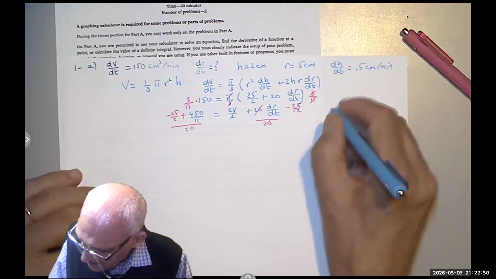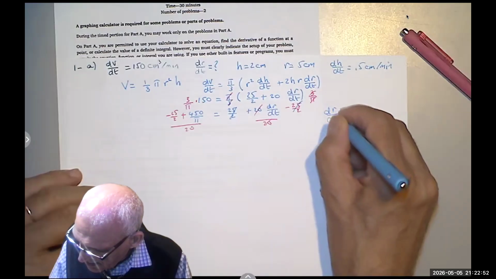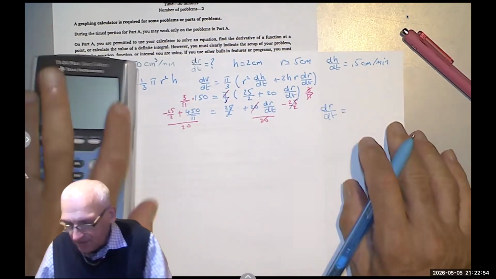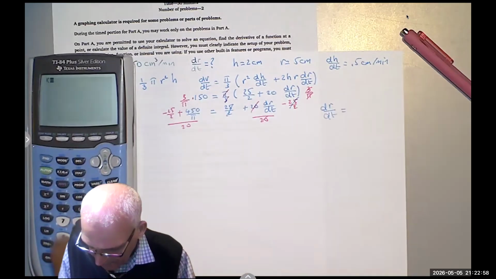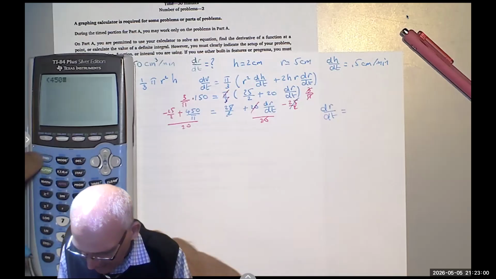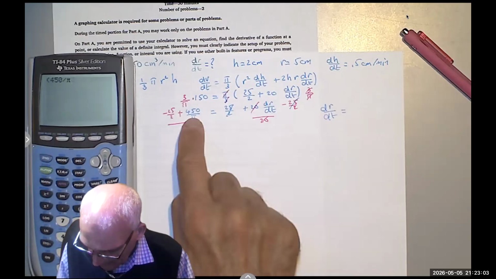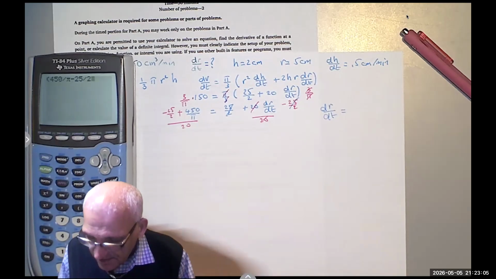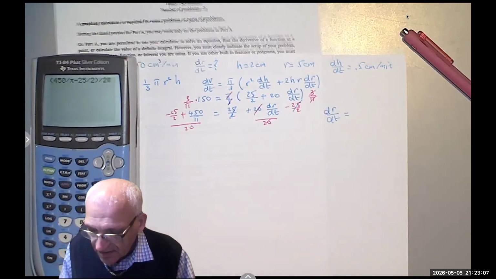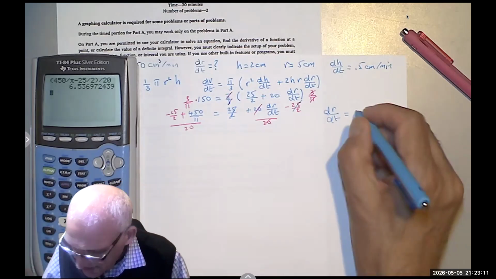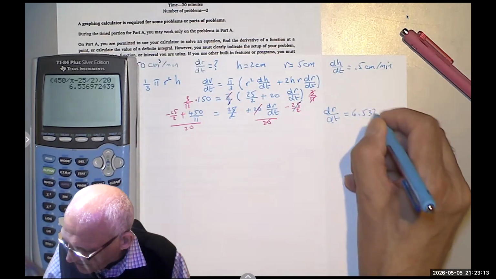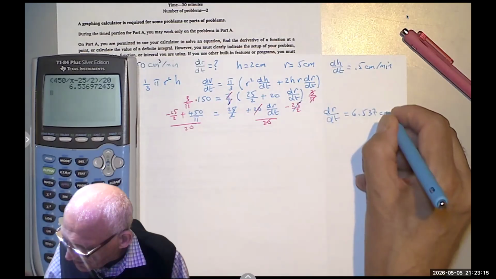So you get dr/dt, and then you use your calculator. The numerator here is 450 divided by pi minus 25 halves, everything divided by 20, right? So you get 6.537 centimeters per minute.